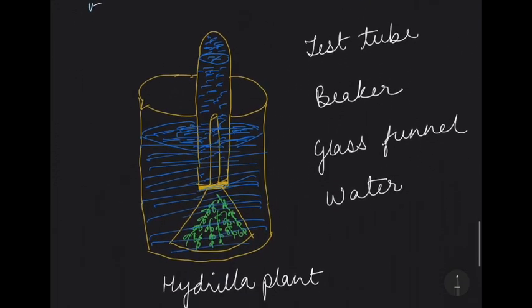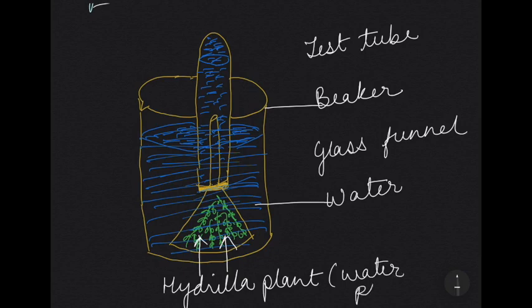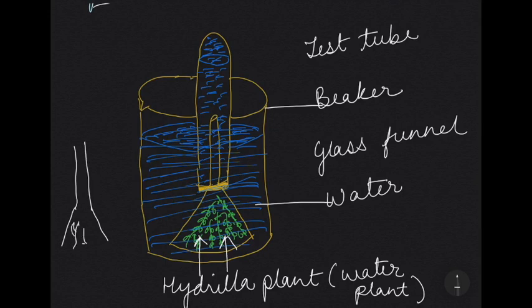Now we come to the last experiment, that is to show that oxygen is produced during photosynthesis. So for that, what you have to do is take a beaker with water and then place some hydrilla plant in it. Now hydrilla plant is a water plant, that means it lives in water. And you take a glass funnel and invert it over the hydrilla plant.